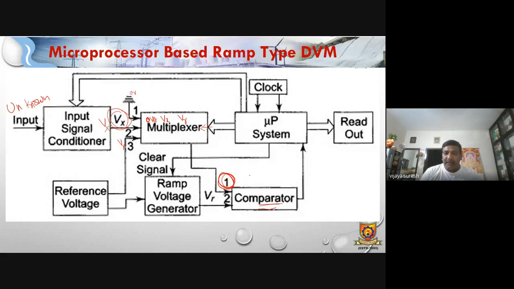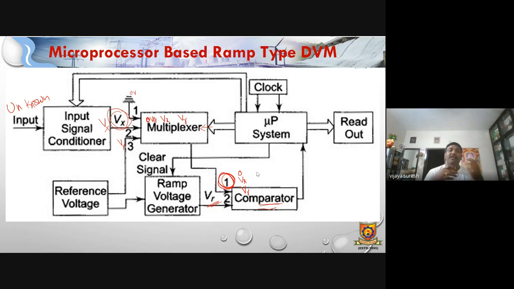So this comparator gets either 0, or Vx, or Vr as the first input, and the second input is the ramp voltage. This comparator is going to compare them. At a time we are getting either 0 or Vx or Vr; all three won't come at a time.